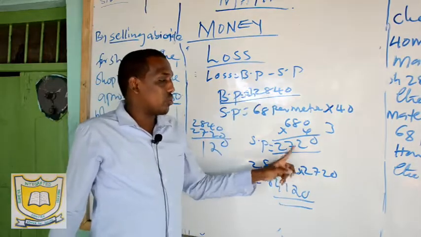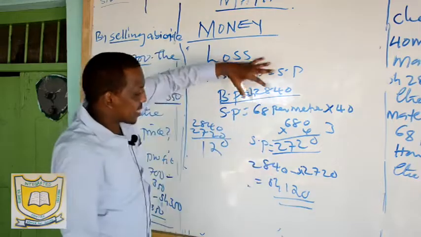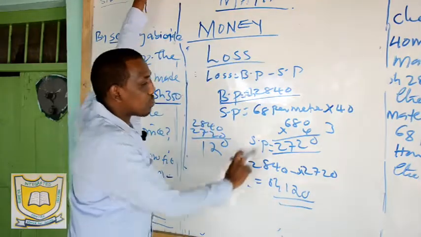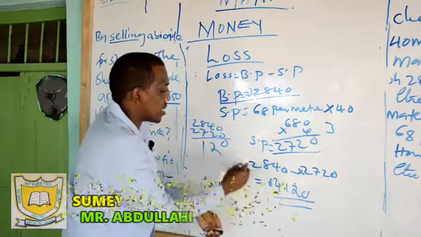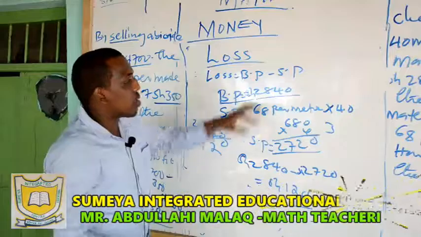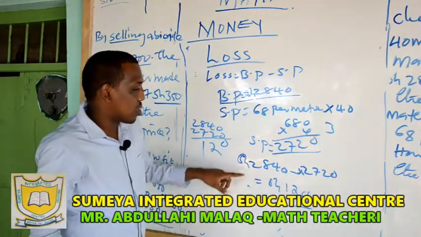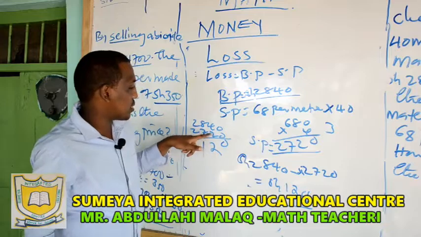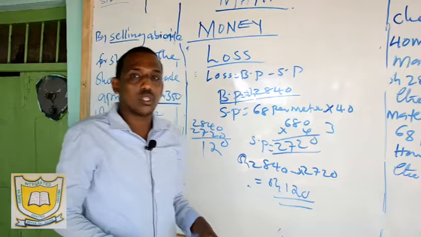So what was the loss? To get the loss, we say loss is equal to the buying price, bought, which is shillings 28.40, minus the selling price, which is 27.20. You subtract: 28.40 minus 27.20, and you will get shillings 120. That will be the loss.